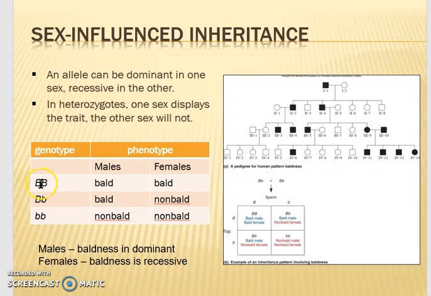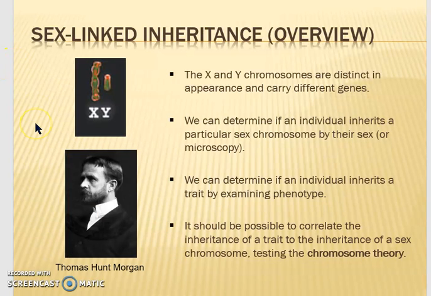So they need 2 capital B's in order to be bald. And so if they only have 1 or if they have 2 little b's, they're going to be non-bald. But the big B is actually dominant in males. So if they have heterozygous or dominant homozygosity, then they're going to be bald. So that's what sex influenced is, when it's recessive in one and dominant in the other.